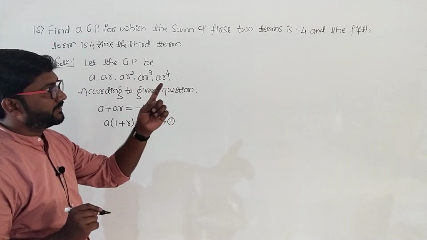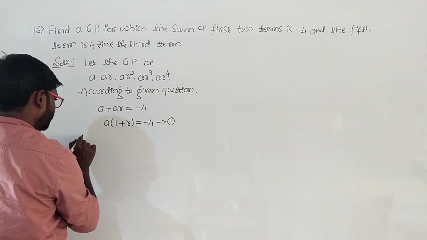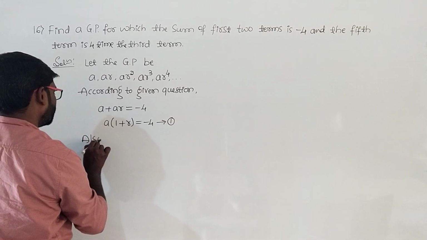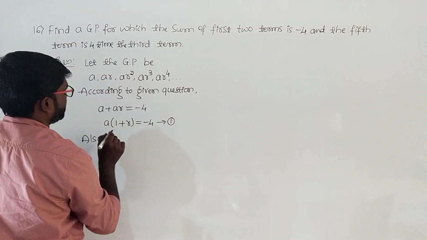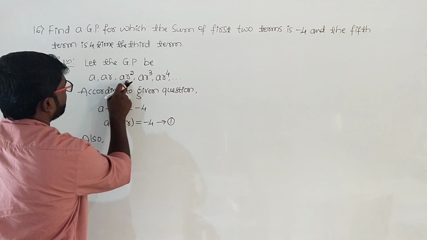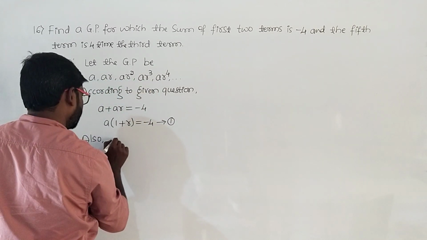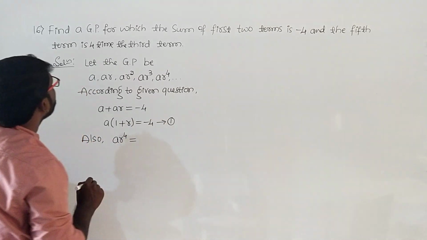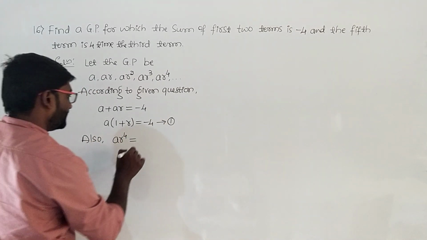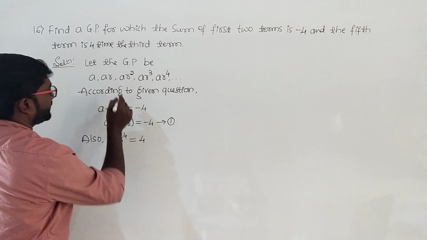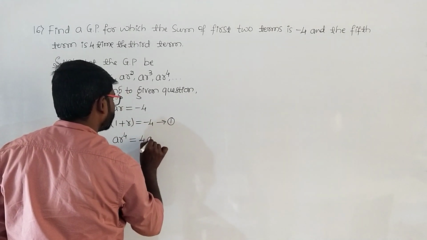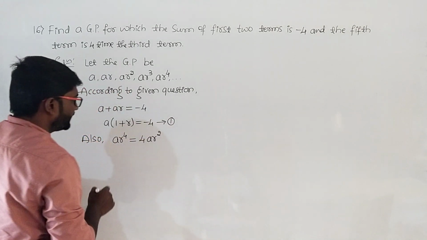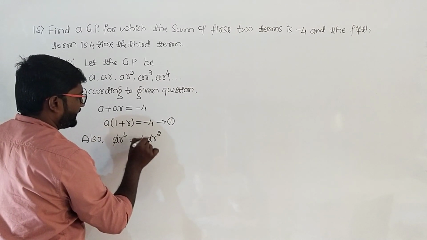And then he says the 5th term is 4 times the third term. The 5th term is first term, second term, third term, fourth term, 5th term, it is A into R raised to 4. Third term it is A into R square. So now A and A get cancelled.